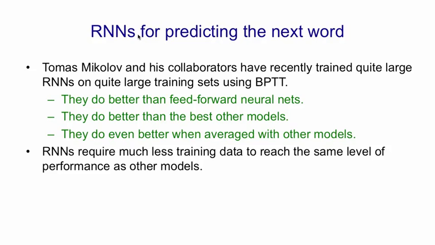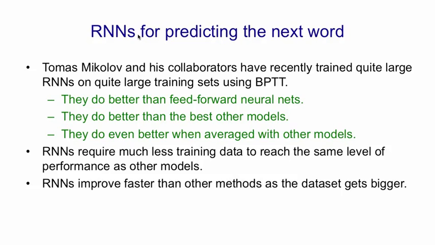One interesting property of the RNNs is that they require less training data than the other methods to reach a given level of performance. More importantly, as the data sets get bigger, the RNNs improve faster than the other methods. So methods like trigrams, for example, do get better with bigger data sets, but it's a very slow process.